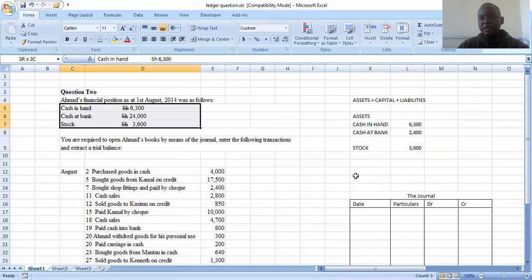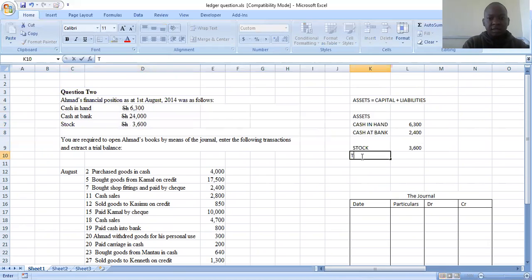You don't have liabilities, but you must have capital. So in total, our assets are equal to 6,300 for cash plus 2,400 for bank plus 3,600 for stock. So total assets is therefore 12,300.